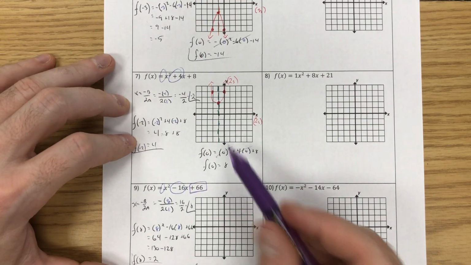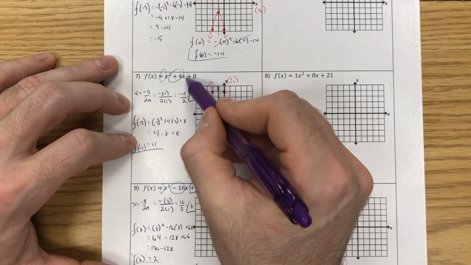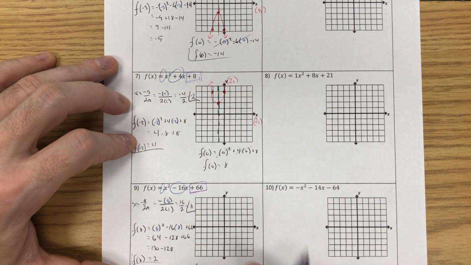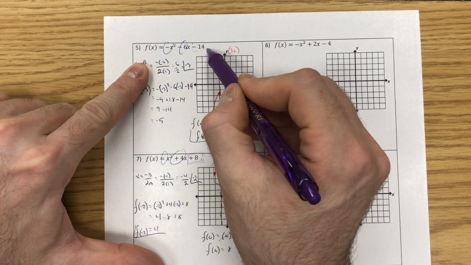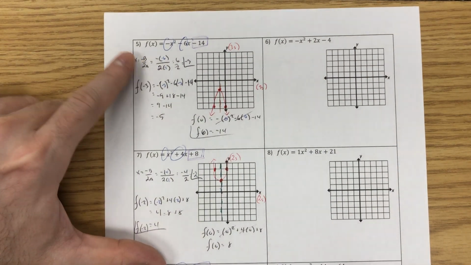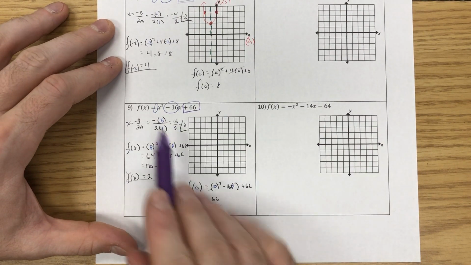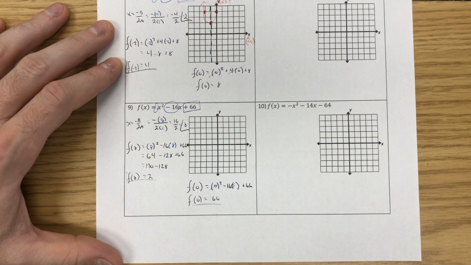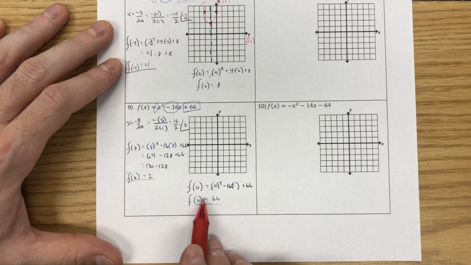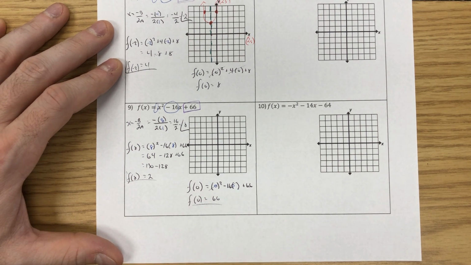You notice that in every one of our problems, the number that doesn't have an x doesn't get zeroed out. So when you're asking yourself, what's the y-intercept? At least when it's in standard form, it's always going to be your c term. But regardless, we need to be able to fit 8, 2, and 66.